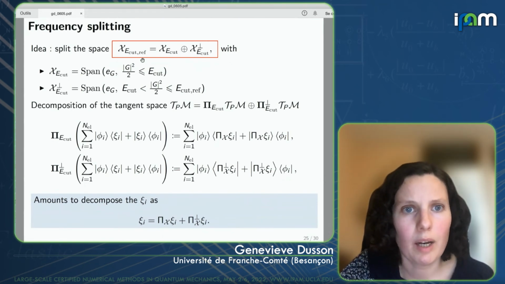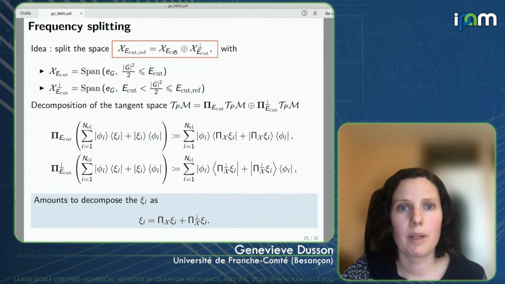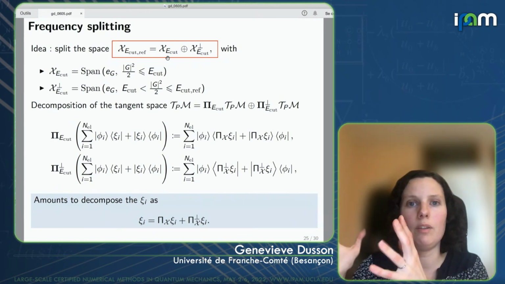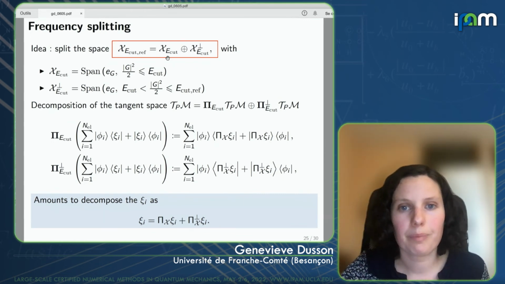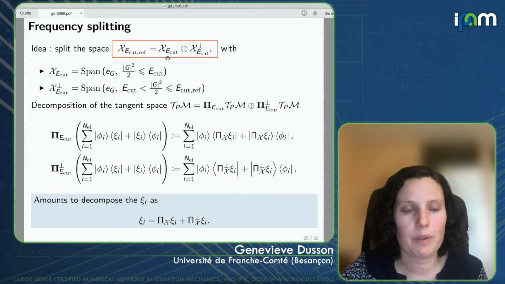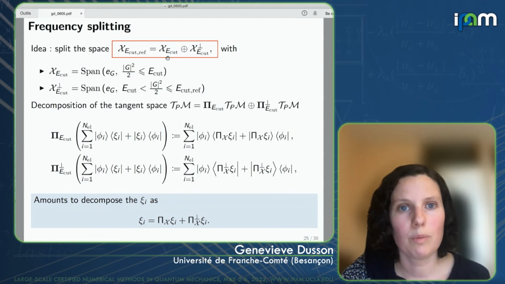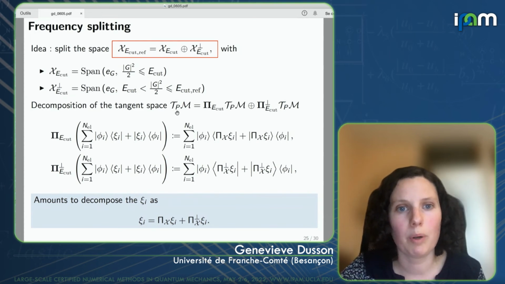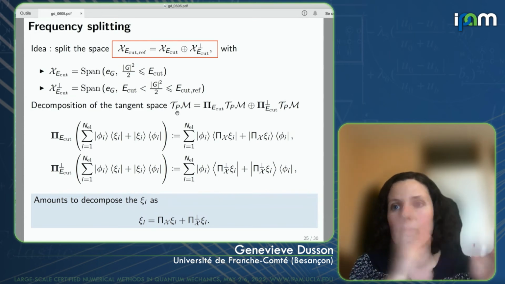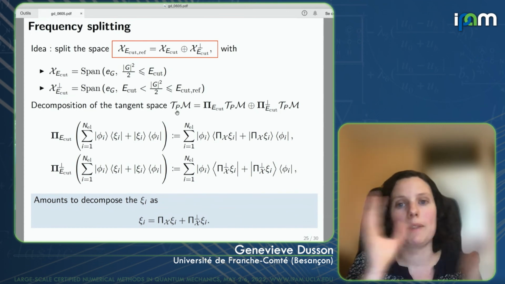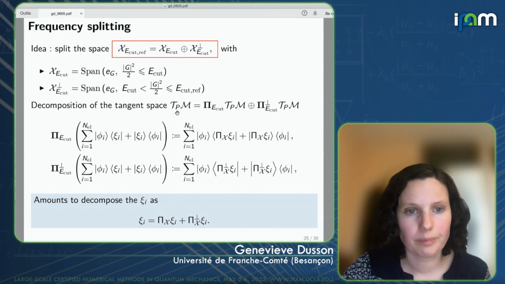I won't go too much into the details, but the idea is really just to cut the space into two parts, the discrete space and the rest, which contains basically the high frequencies. And then to do the post-processing I'll present afterwards, we need to decompose the tension space into two parts, similarly between low frequencies and high frequencies.